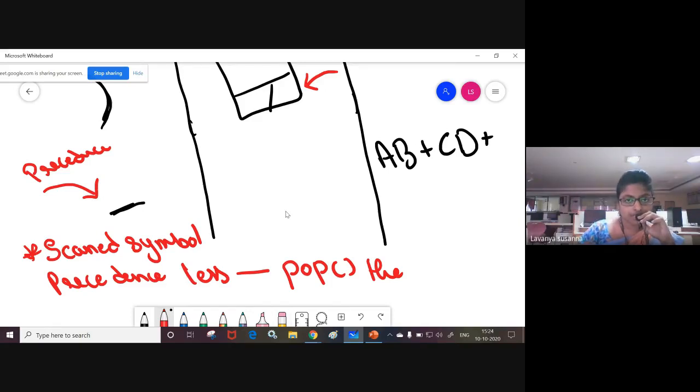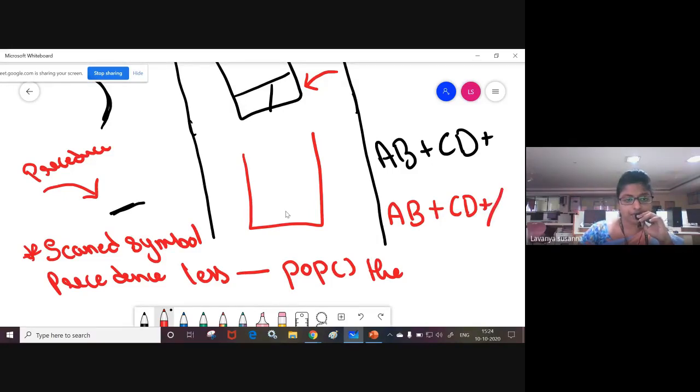Let us do it. There is divided by. Compare. Here the scanned symbol's precedence is less. What you need to do? You need to pop the element and add it to the postfix array. Pop means delete. Only the topmost element you need to delete. Plus CD plus divided by.